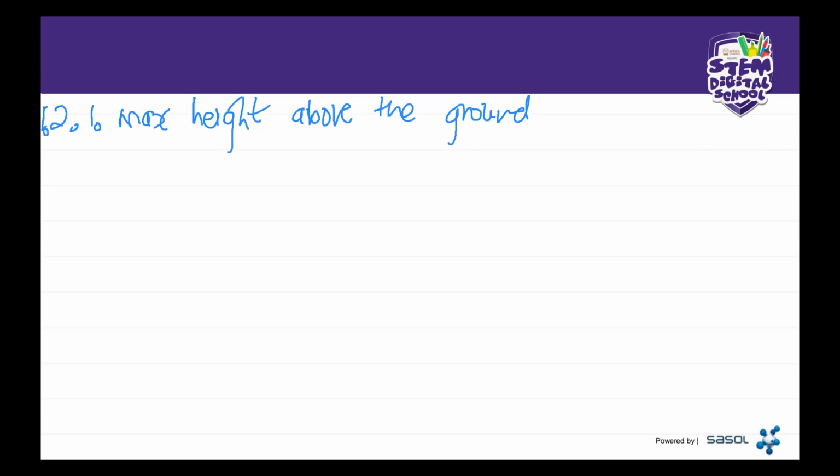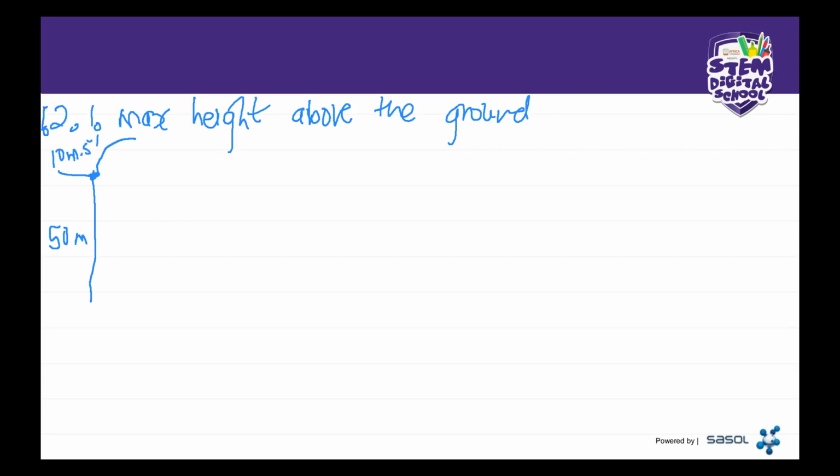Okay, so this is how our sketch is going to look. There we have it. This is the maximum, right? So this is our 50 meters building, right? And then what we know is that from the initial part, when the stone is thrown up, it's at 10 meters per second, okay?